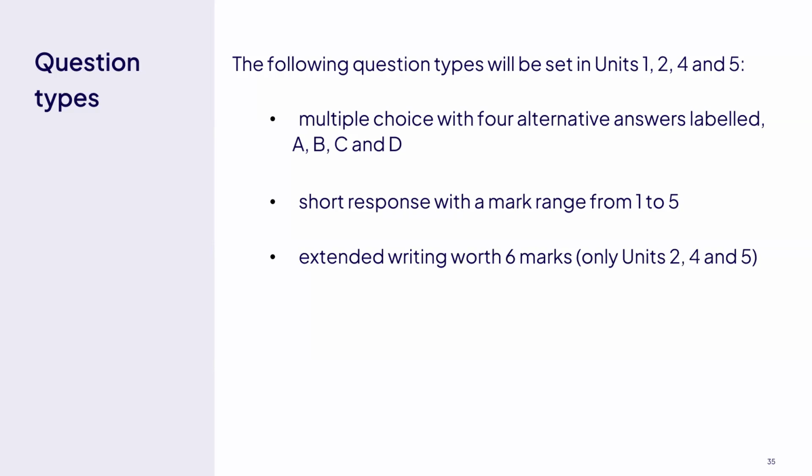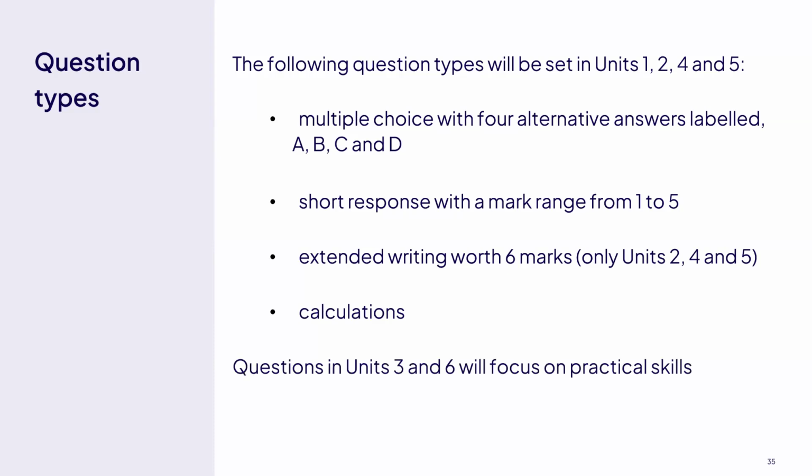There will be extended writing questions worth 6 marks, but they're only in Units 2, 4, and 6, not in Unit 1. And of course, there will be calculations. And as I've already mentioned, questions in Units 3 and 6 will focus on practical skills.